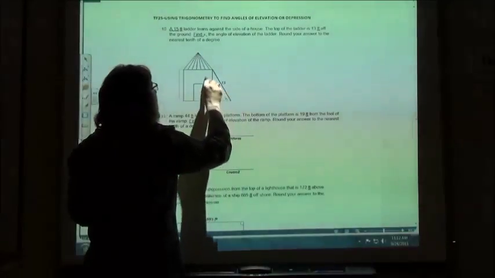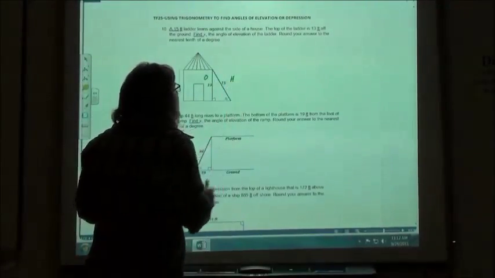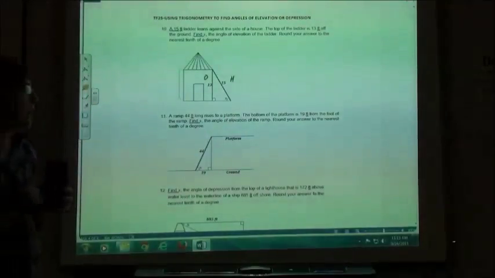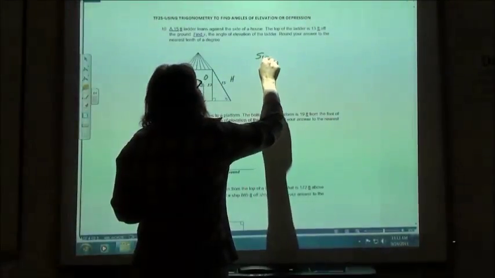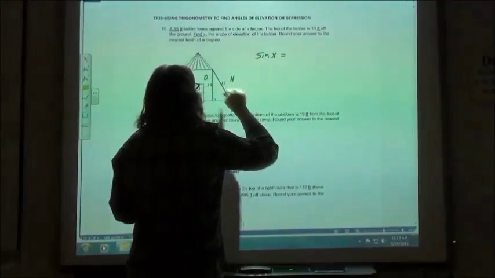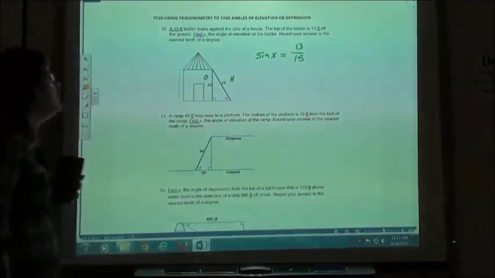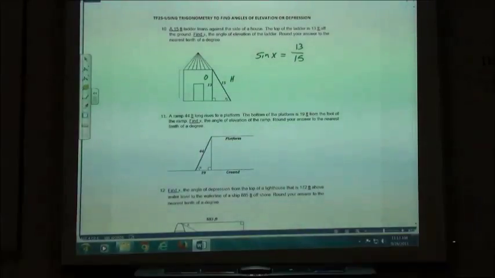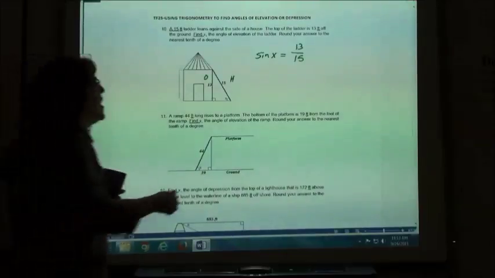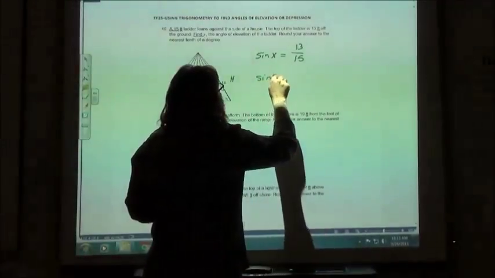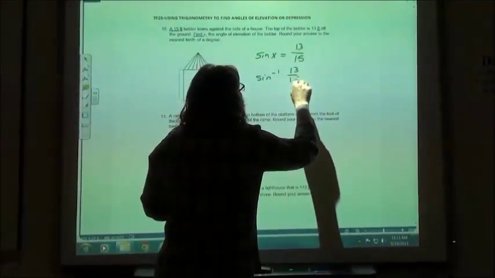So we have the opposite side and the hypotenuse. We're going to use the sine. The sine of x is equal to the opposite over the hypotenuse, so 13/15. So if we want to solve it for x, we do the inverse of the sine, or the arc sine, of 13/15.